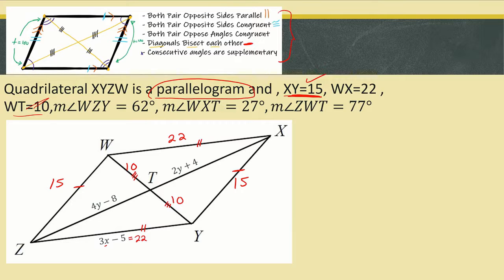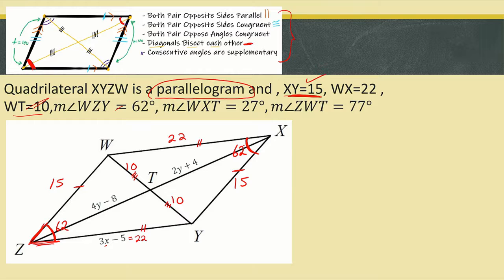The other thing is they're telling you that angle WZY, so W, Z, and Y, this angle down here, this entire thing is going to be 62, which is telling me that the opposite angle is going to be congruent to that. So that's also 62, right? So opposite angles of a parallelogram are going to be congruent. So that's why those are 62.